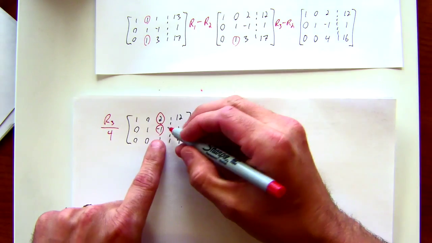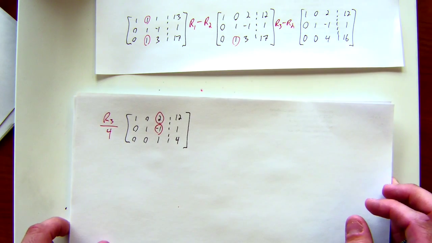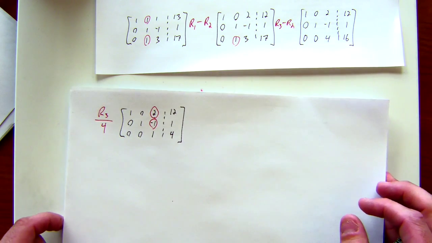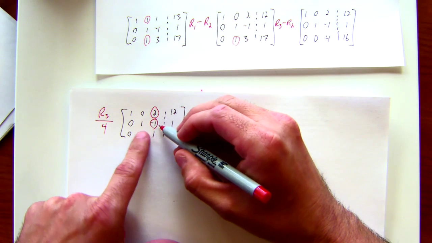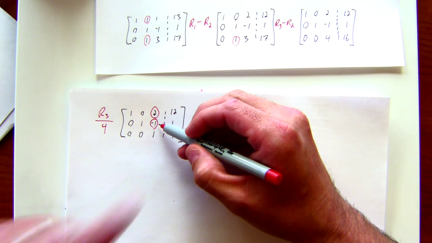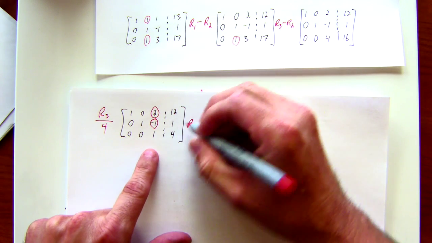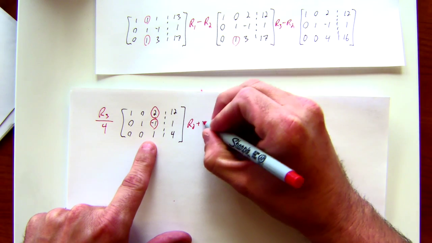So let's do the second one first. What am I going to do to make that a 0? So this is a negative 1. If I want to make it a 0, then I need to add 1, right? So I can just say row 2 plus row 3.